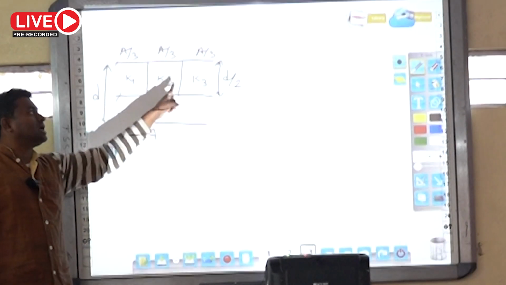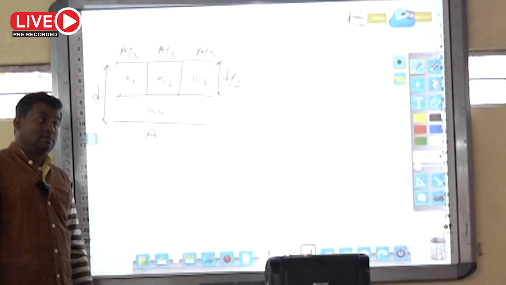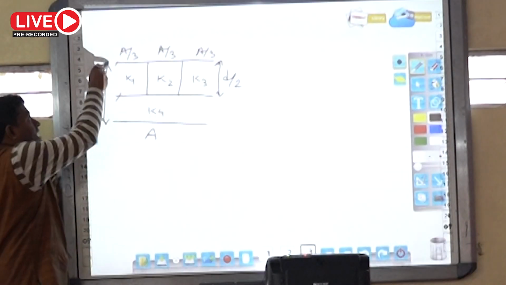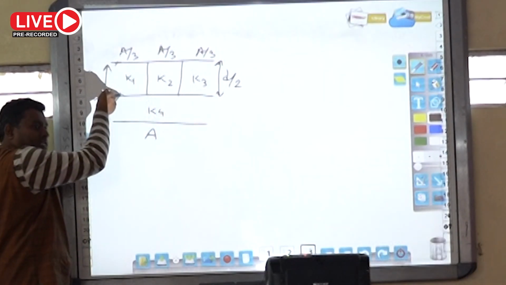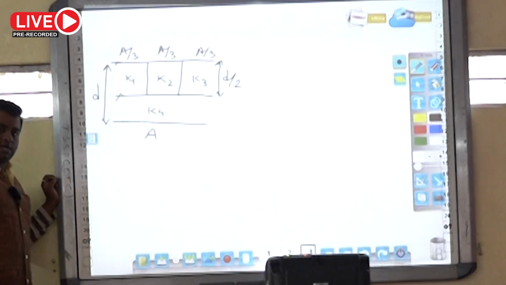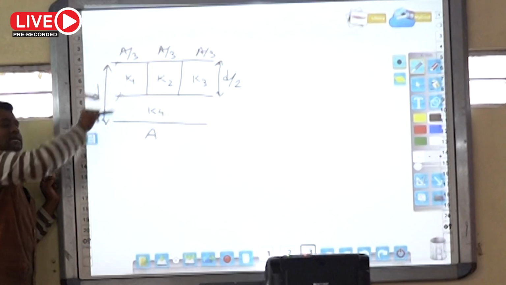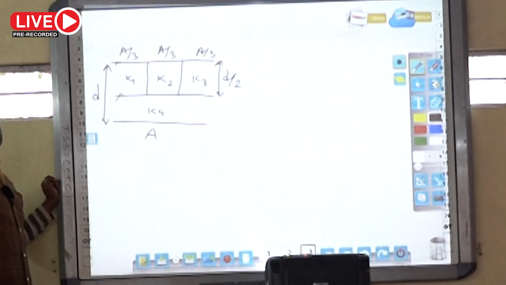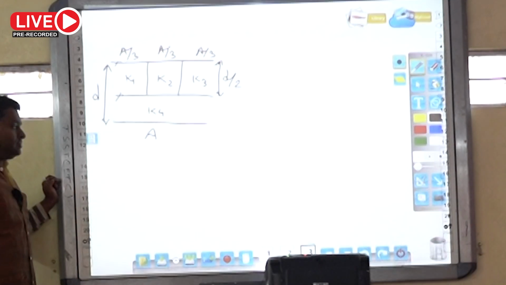So they are connected in parallel, same potential. A particular horizontal line has the same potential. So these 3 are connected in parallel between the same potentials. So what will be their equivalent capacitance? That we will find.